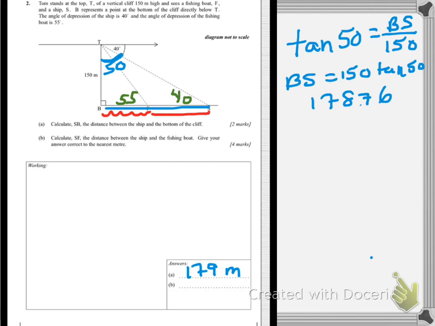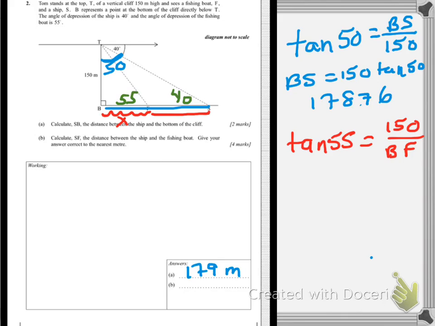Okay, so now I have a 55-degree angle, so my math is going to be tangent of 55 is equal to, now remember, tangent is opposite, which is 150, divided by adjacent, which is my BF.